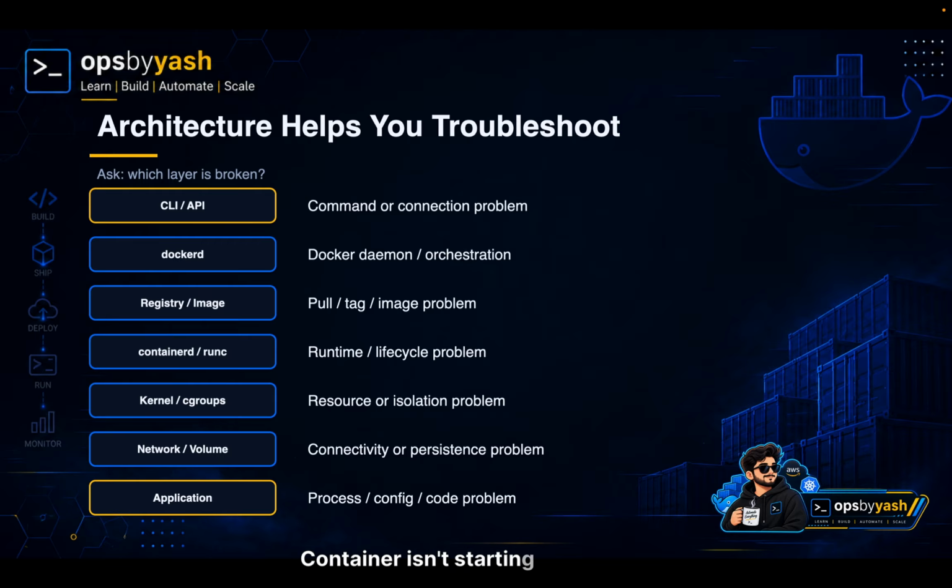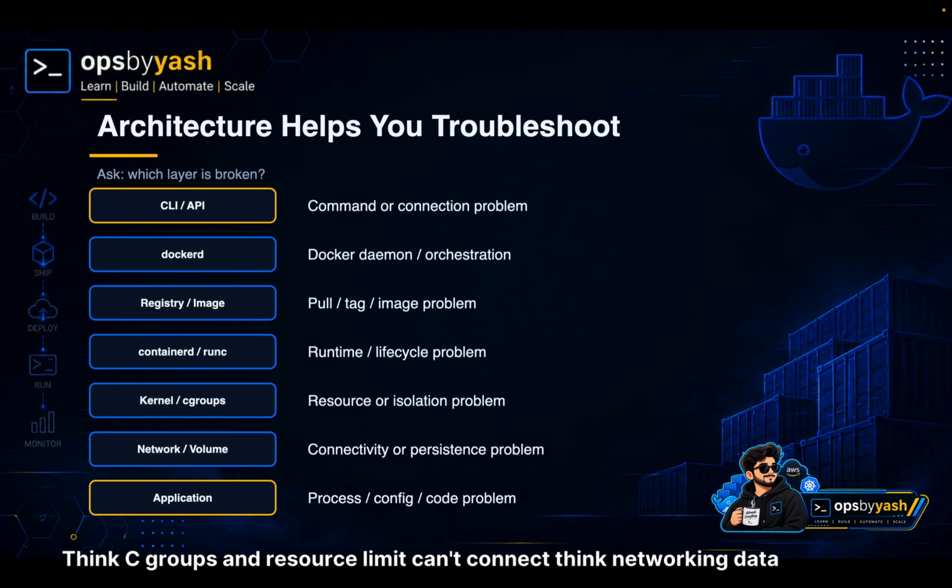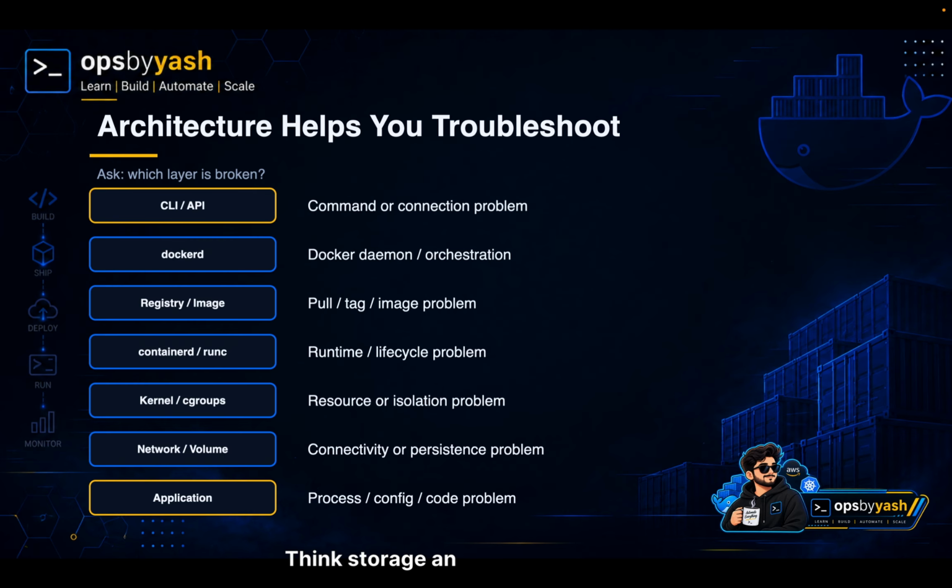Container isn't starting? Look at containerd, runc, and runtime errors. Application is getting killed because of memory? Think cgroups and resource limits. Can't connect? Think networking. Data disappeared? Think storage and volumes. And finally, if everything underneath looks healthy, maybe the application itself is the problem. Yes, sometimes Docker is innocent.